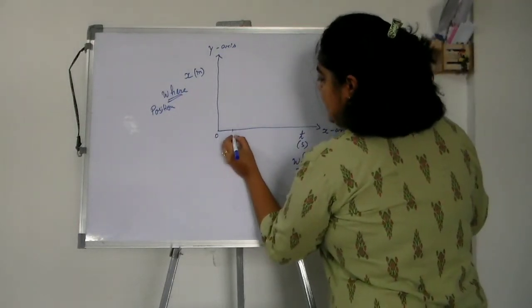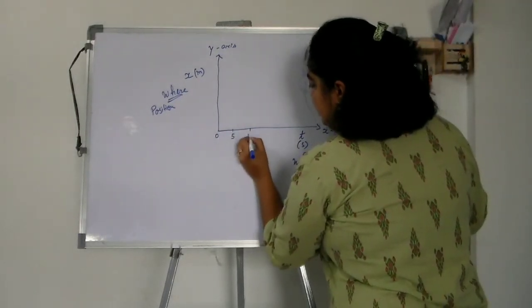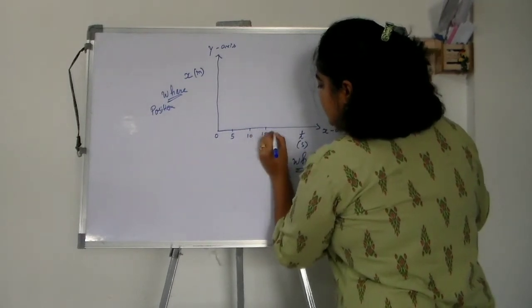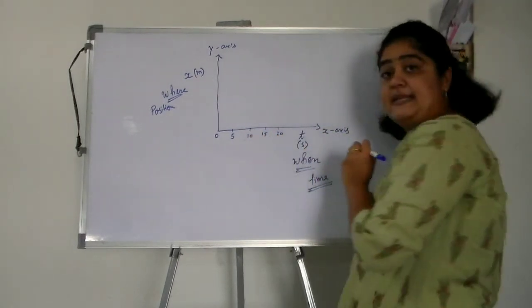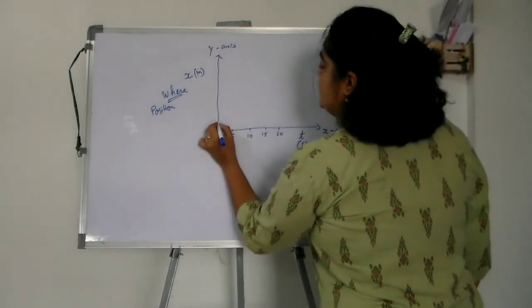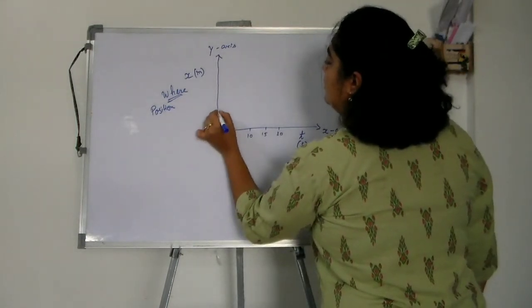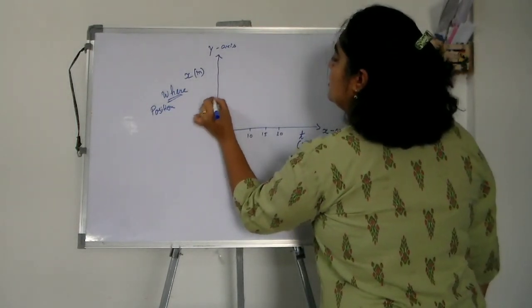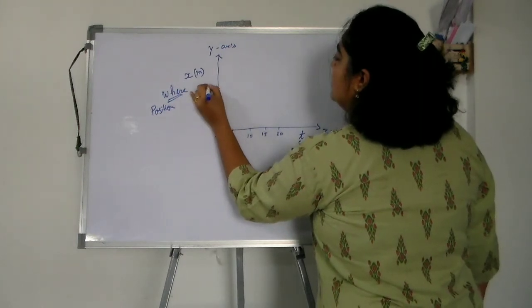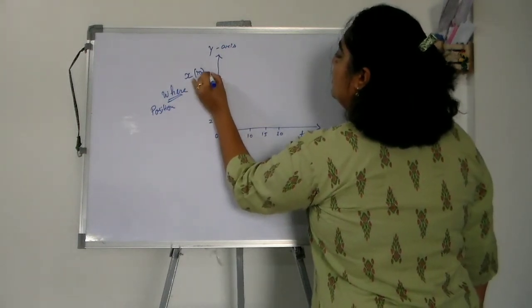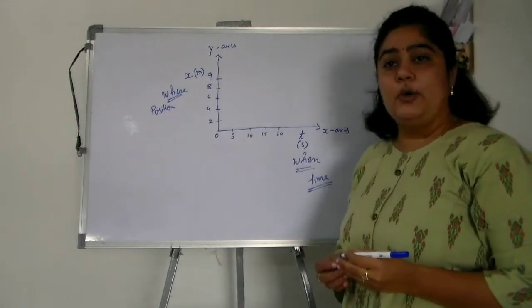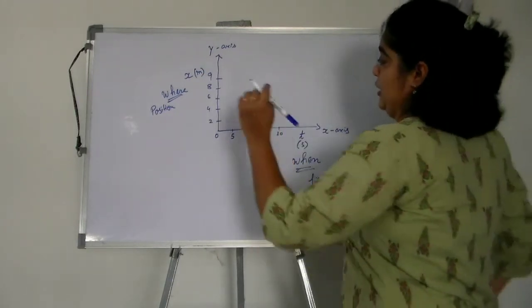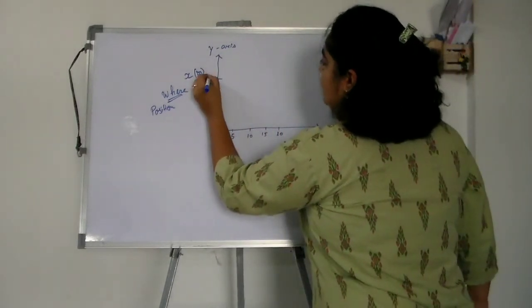So now let me give you an example. Time is say 5 seconds, 10 seconds, 15 seconds, 20 seconds, and distance is say 2 meter, 4 meter, 6 meter, 8 meter, 10 meter.